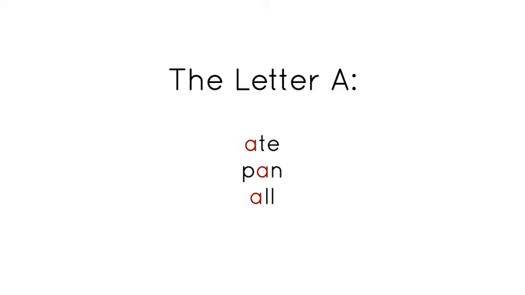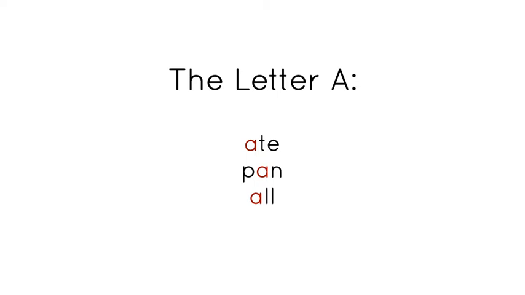There's that long A sound in eight, and that short A sound in pan, and that AW sound in all. All are represented by the same grapheme, but are three distinct phonemes. Try them yourselves, say them aloud, and hear the difference between each of these words.